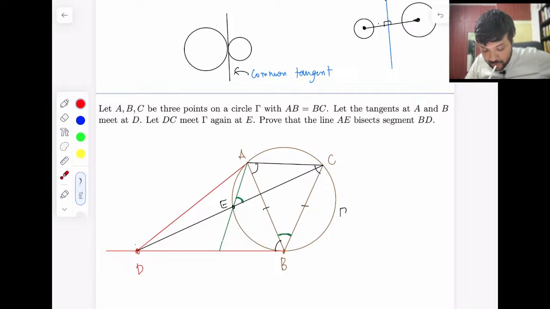If you could prove E is the midpoint of DC. I think you can show the following. 180. How do we do this?